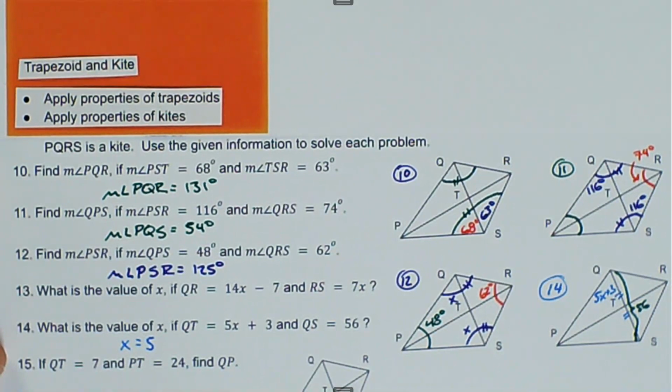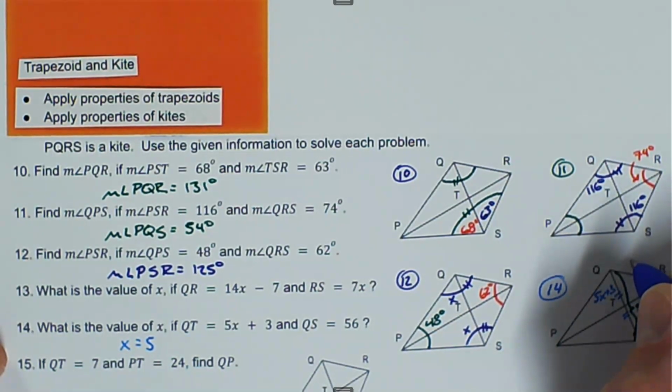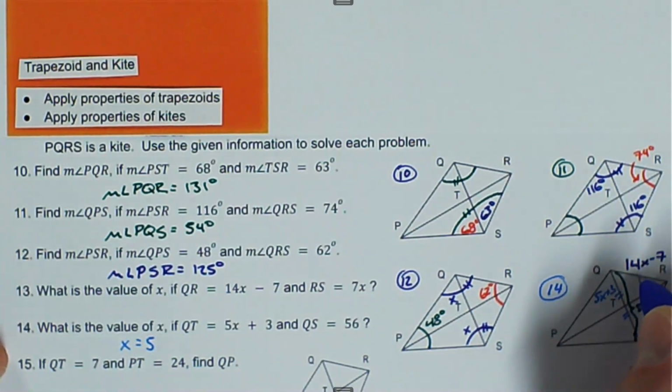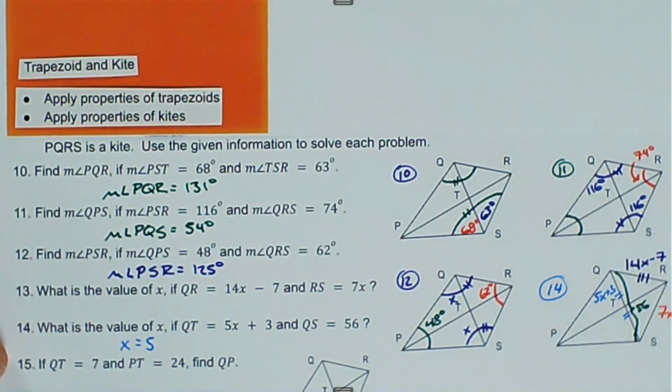For number 13, it says QR is equal to 14x minus 7. So QR is right here. And RS is 7x. And we know that consecutive sides are congruent. So we can mark that with 3, and we can mark this with 3.